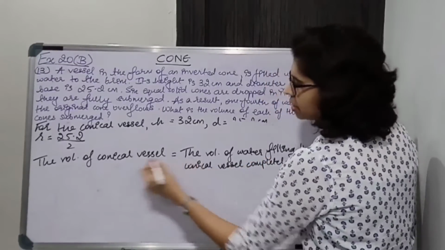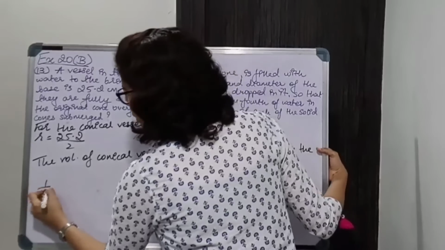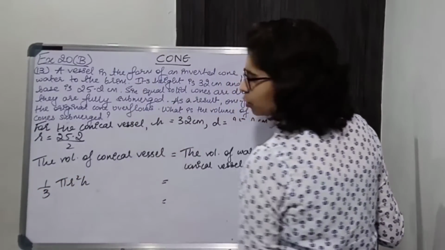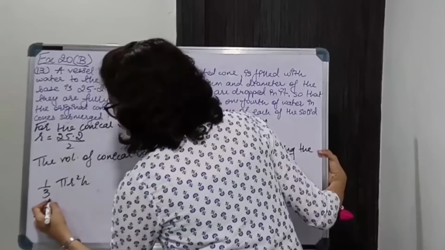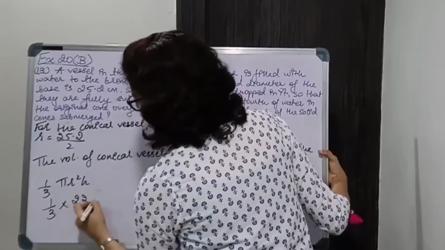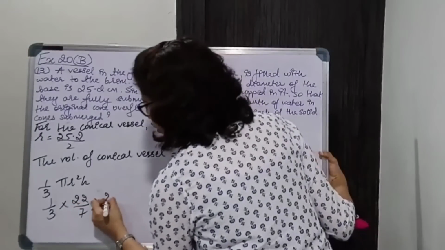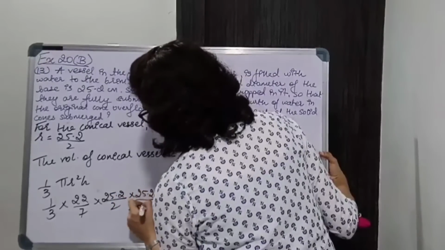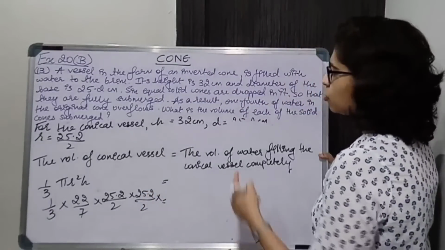So this is equal to 1/3 pi r square h, which is 1/3 into 22 upon 7 into 25.2 upon 2 into 25.2 upon 2 into 32.